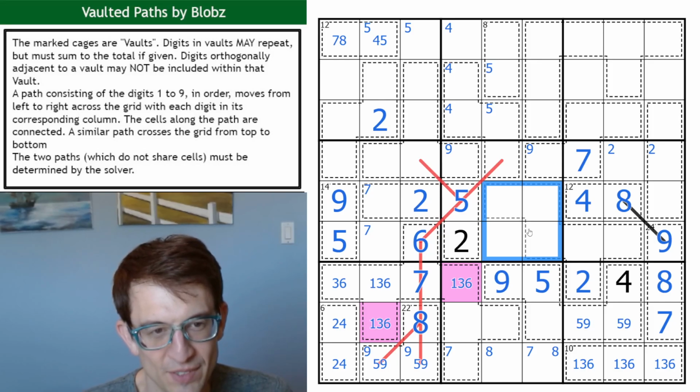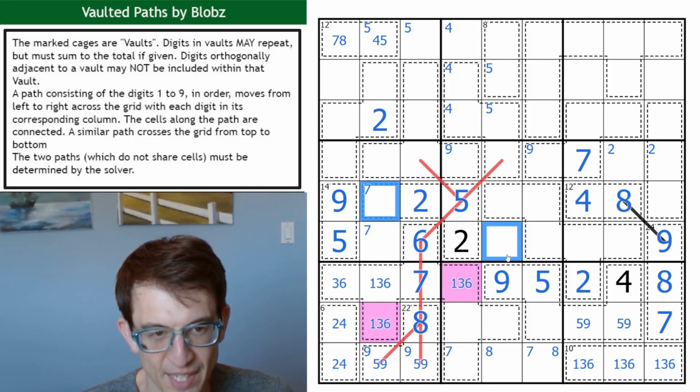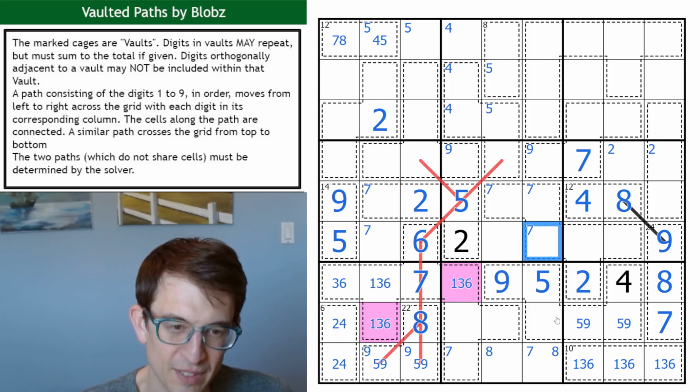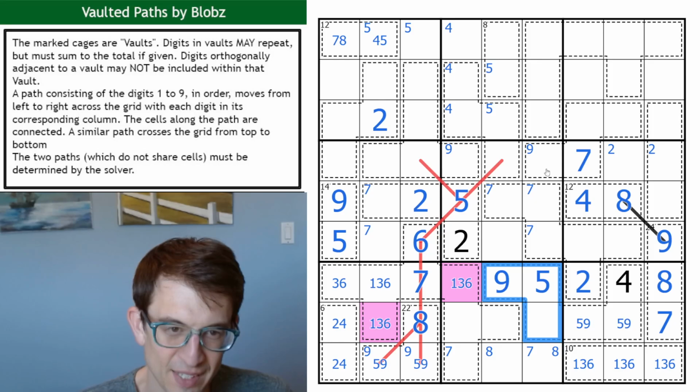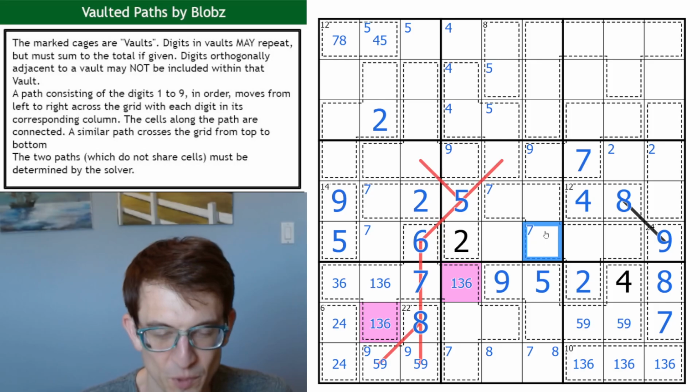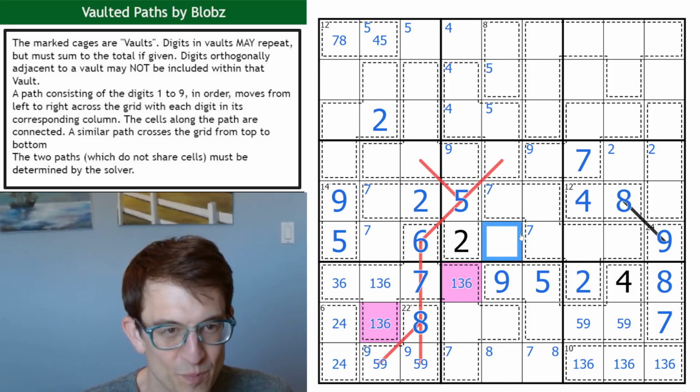Can I do anything with 7s here? This can't be 7, because that'll put a 7 in this cage, and this will be adjacent to the cage. So 7 is in this cage somewhere, which is not really helpful, because 7 is not in this cage. Oh, 7 is in this cage, so it's not here. It's a little more useful than I thought. Can it be here?